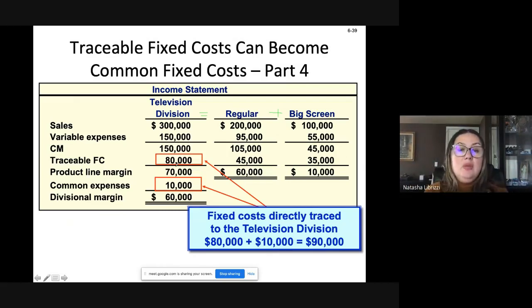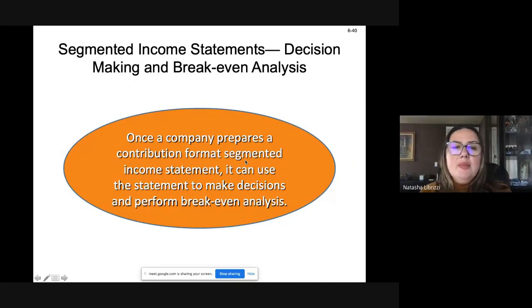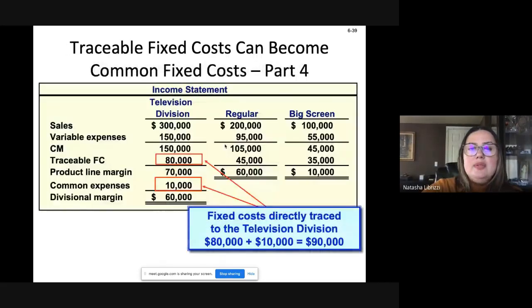So this is not something you would actually have to do extensive research to understand the cost and allocations and so on. So maybe this is the salary of a maintenance guy who actually supports both of them, and we cannot allocate to one or another. Once a company prepares a contribution margin segment income statement, it can use the statement to make decisions and perform break-even analysis. I'm going to go back here for a second.